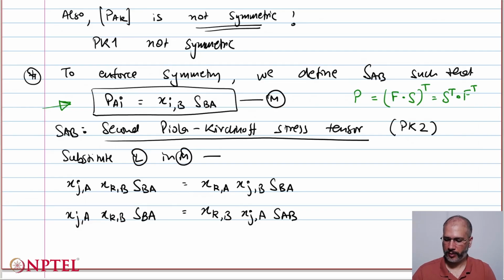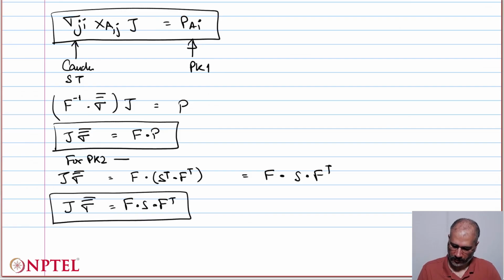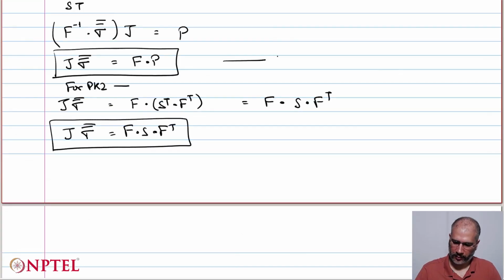So in the matrix form, P is S transpose F transpose. So let's use that. And since we know that PK2 is symmetric, we can write this as F dot S dot F transpose. So this is the relationship between the Cauchy stress tensor sigma and PK2. So let's call this W and X.